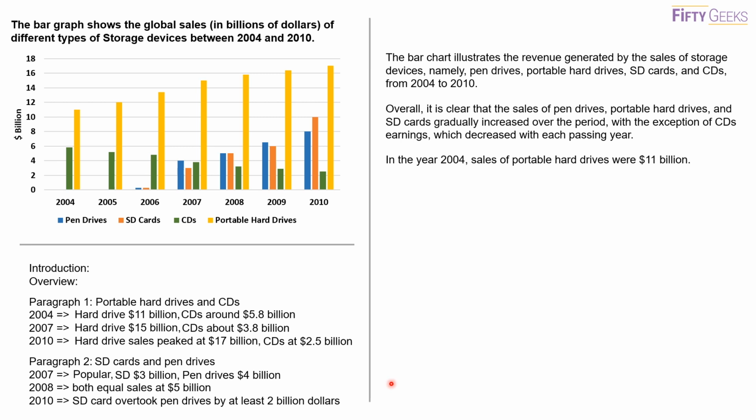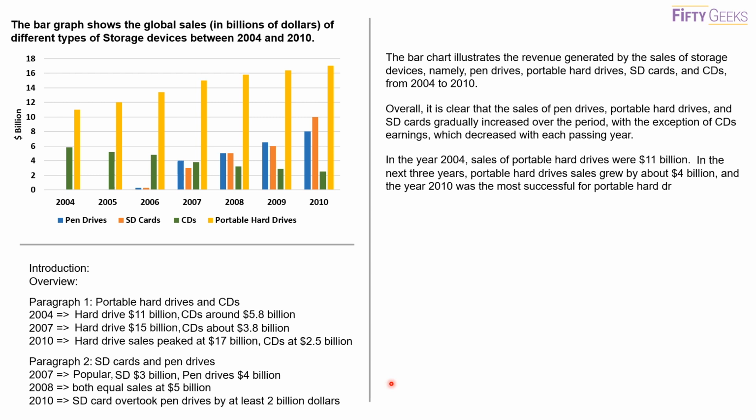Then I will continue to write, in the next 3 years, portable hard drive sales grew by about $4 billion, and the year 2010 was the most successful for portable hard drives, as their sales were the highest at $17 billion.